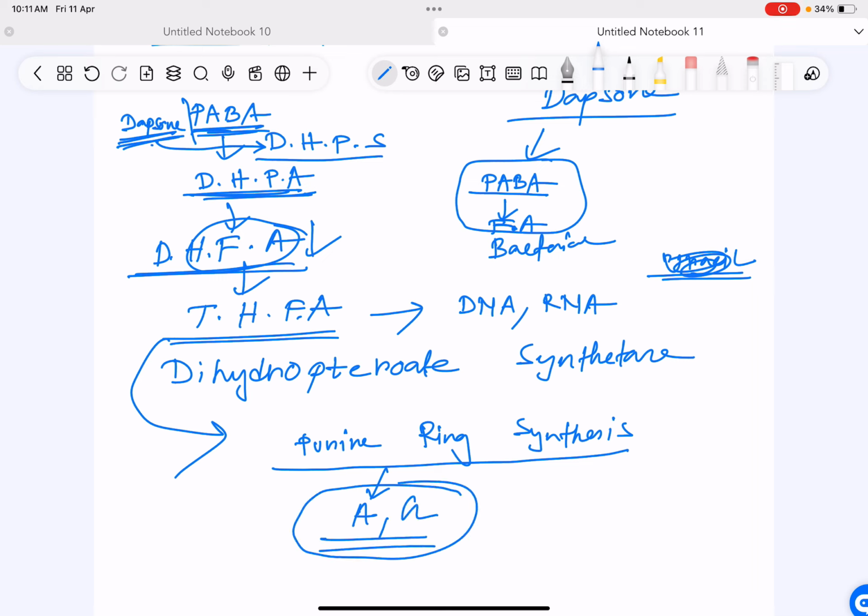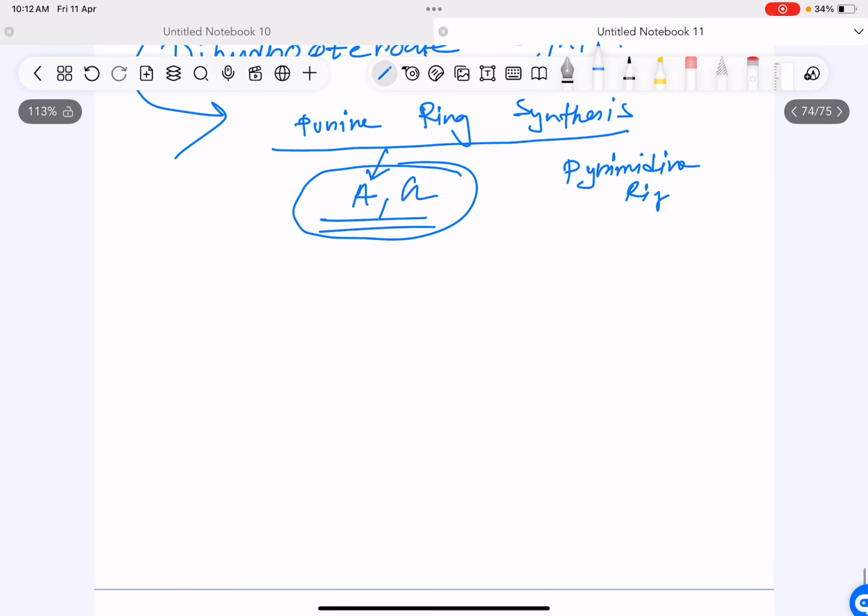So the formation of adenine and guanine will get hampered. Pyrimidine ring synthesis also requires DHFA. So ultimately, with the absence of folic acid, DNA synthesis and RNA synthesis are defective. But this is not how Dapsone works in dermatitis herpetiformis, because we don't have bacteria here.